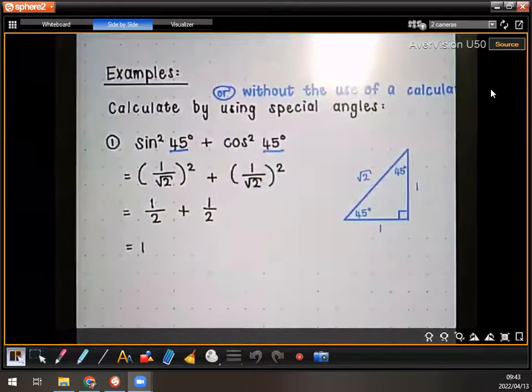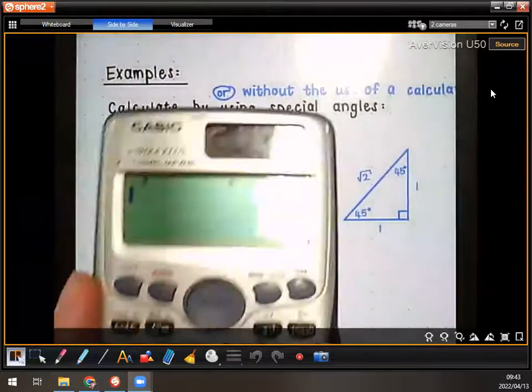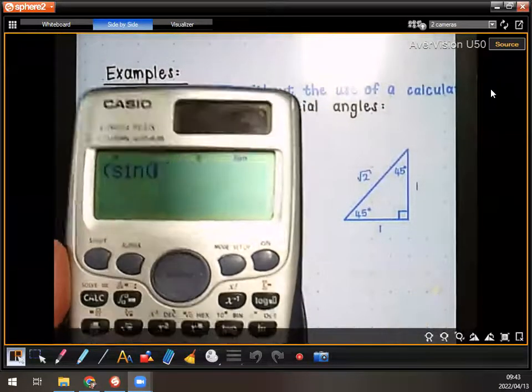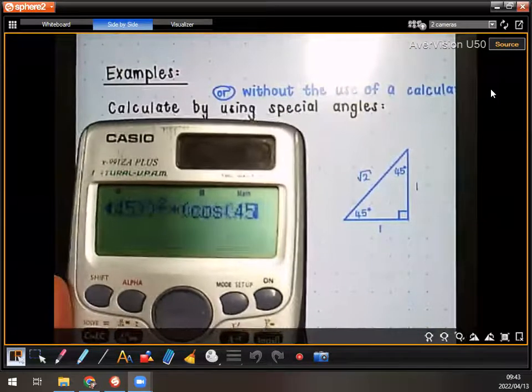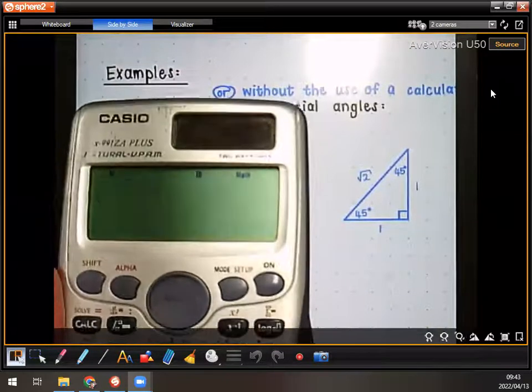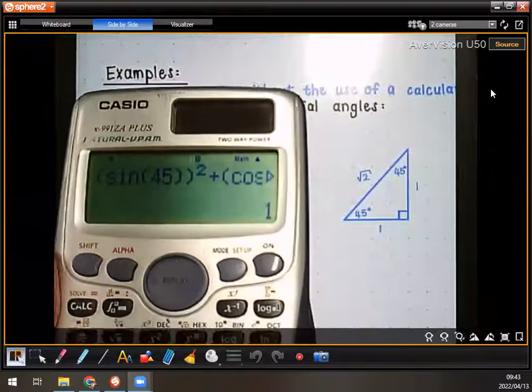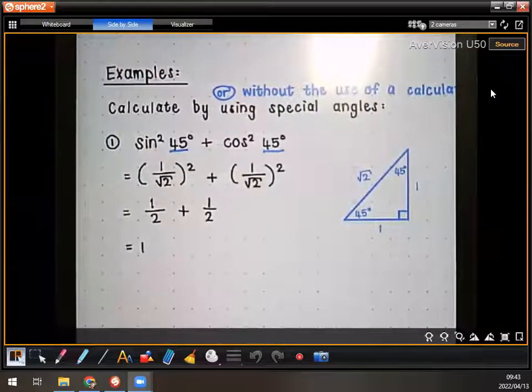So the answer is 1. Guys, you can check your answer after doing the question. You can now type sine 45 squared plus cos 45 squared into the calculator, and that does come out as 1. So you can check that afterwards, but you're not supposed to use it with any working.